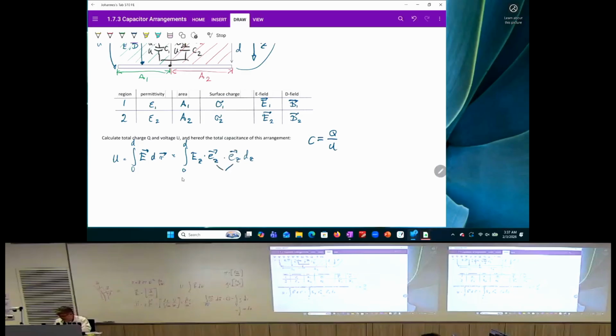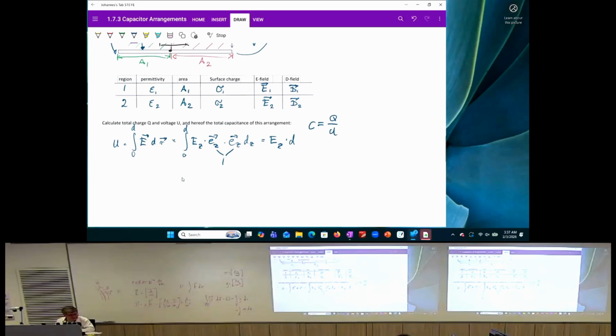So that makes them both aligned here. So this just becomes 1. And we have the comfortable situation that our voltage is just Ez times the plate separation D. So we have the same voltage for region 1 and 2, and we have the same distance for the plate separation, because we just have filled this parallel plate capacitor with two different materials on the right and left hand side. So in this particular scenario, we have the same voltage. Why do we have the same voltage?